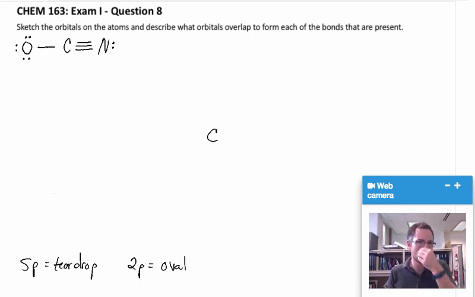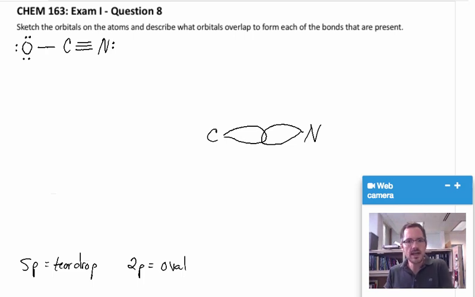This is making sure that we're as good as we can with practicing this. So as I said on carbon, we have 2 p orbitals and 2 sp orbitals. Now, since I know carbon and nitrogen are going to make a sigma bond, I will have a teardrop from carbon overlap with a teardrop from nitrogen.